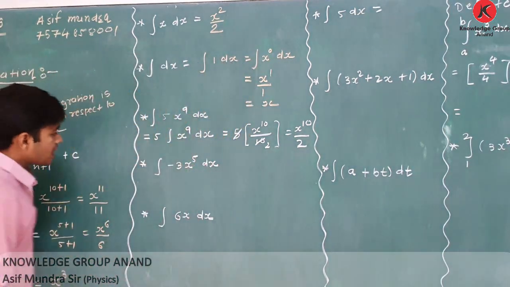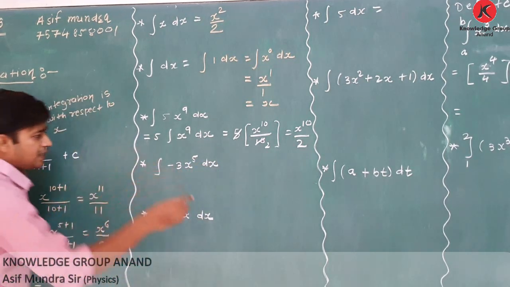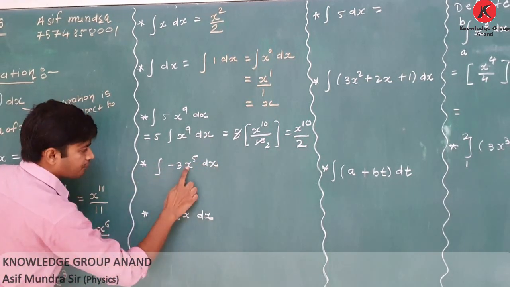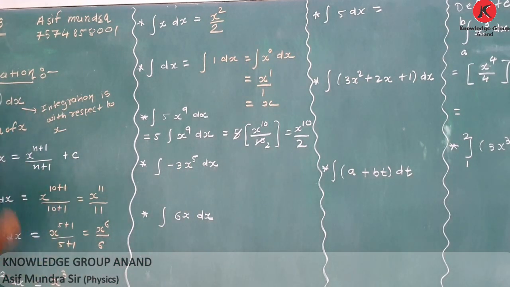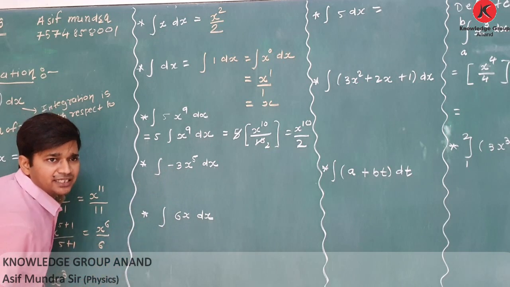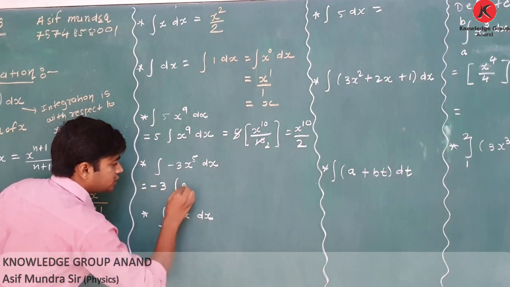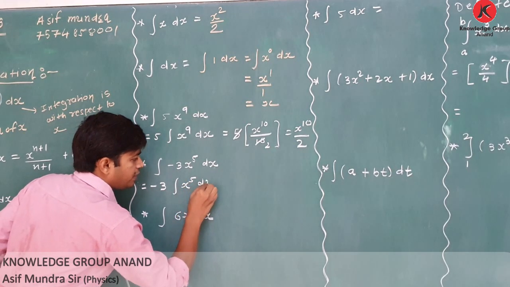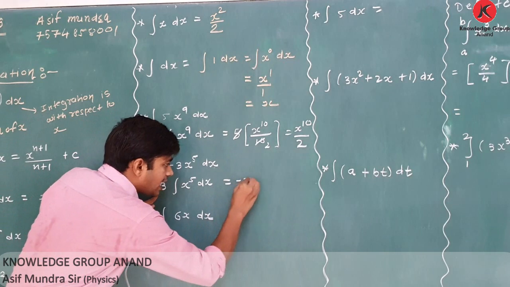Okay. Now next one. Integration minus 3x raised to 5 dx. Integration is with respect to x, x raised to 5, and minus 3 is the coefficient. You have to take this minus 3 out of integration. So it is minus 3 integration x raised to 5 dx. This minus 3 as it is.